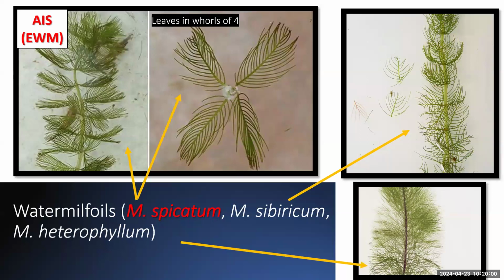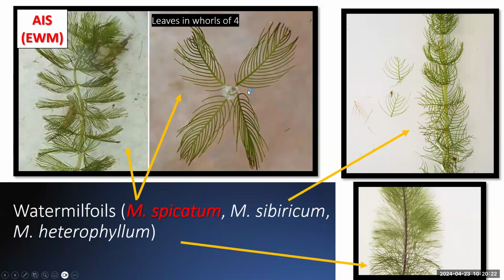Just the basics on water milfoils. Milfoils have leaves in whorls, and their leaves come in whorls of 4. So at the top, we have another aquatic invasive species, the third most common one I see, Eurasian water milfoil. But look at that whorl.